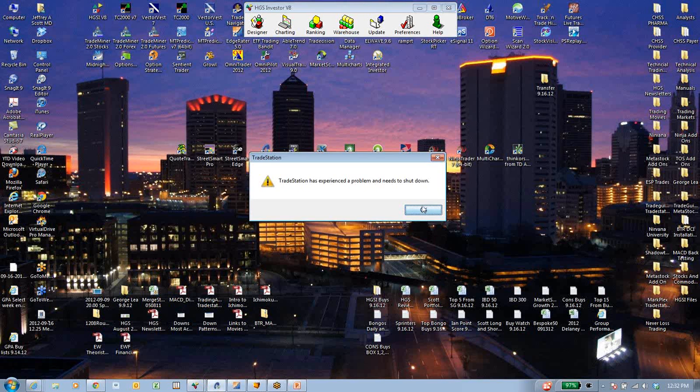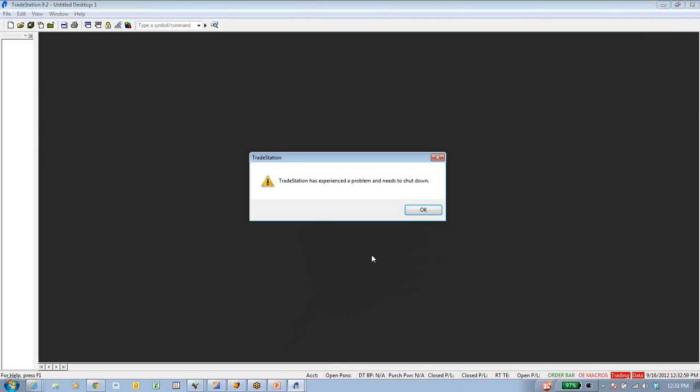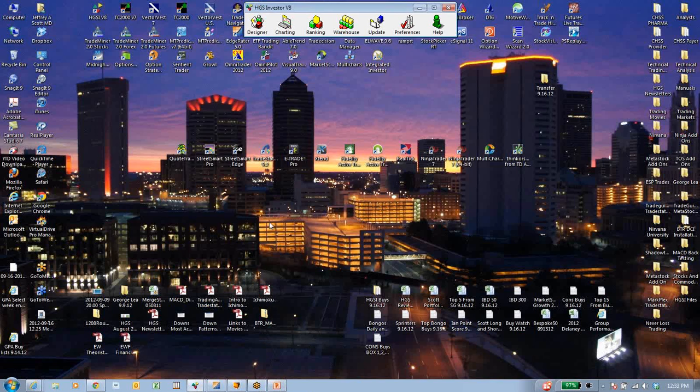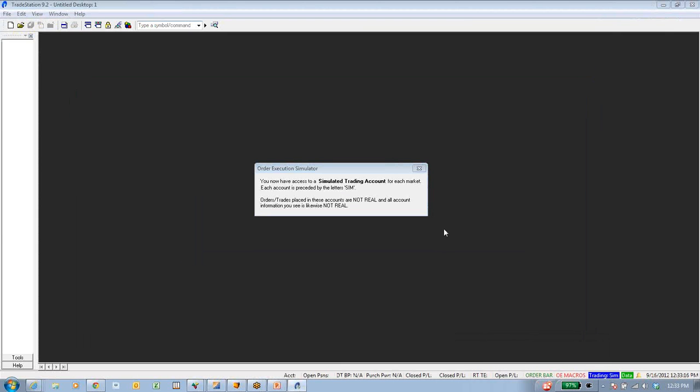Let me just close and restart my TradeStation just in case I need to go into it later on. 9.2 is a beta release, and this is my beta, which doesn't have all the data, and I've had some bugs in it, and it has a tendency to dump on me like it just did.